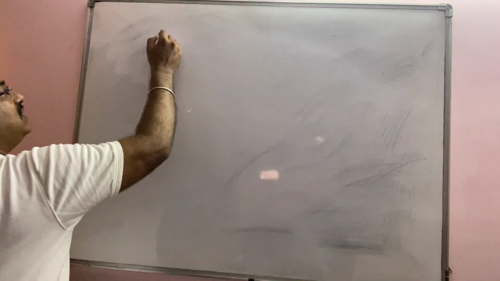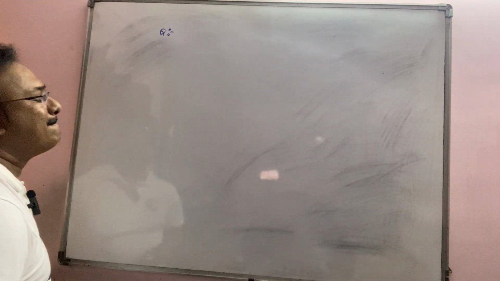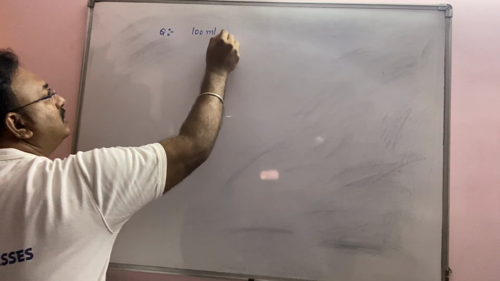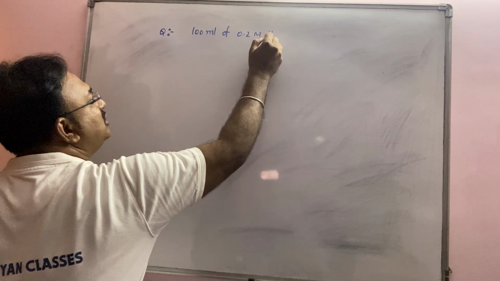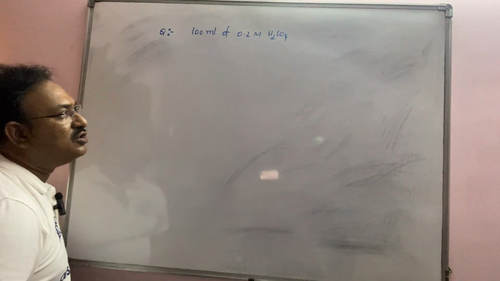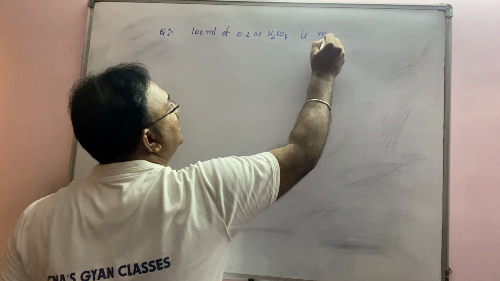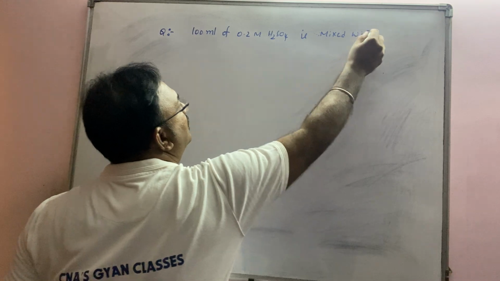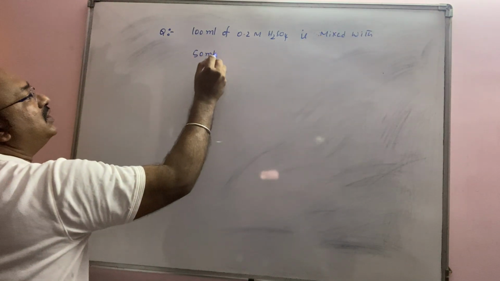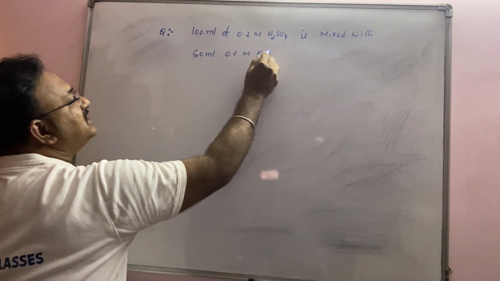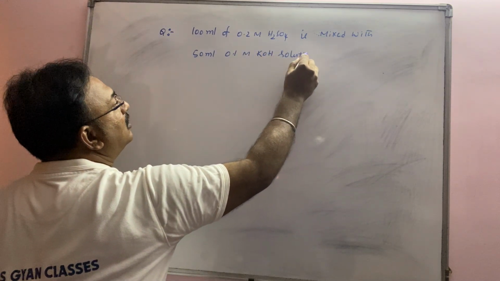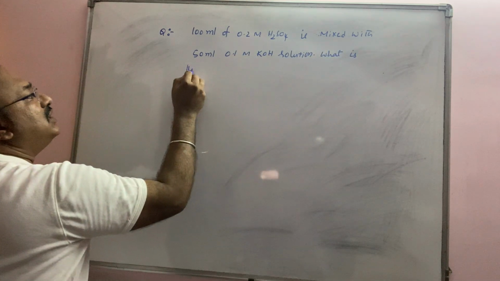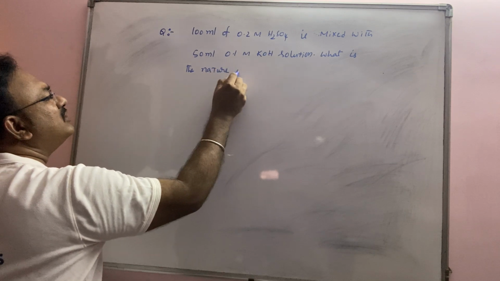Right, see the next question is: 100 ml of 0.2 molar H2SO4 is mixed with 50 ml of 0.1 molar KOH solution.